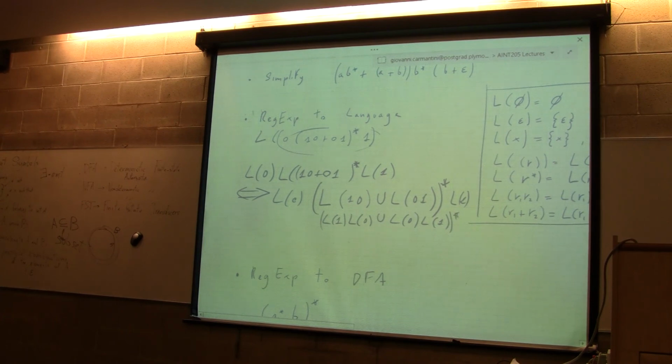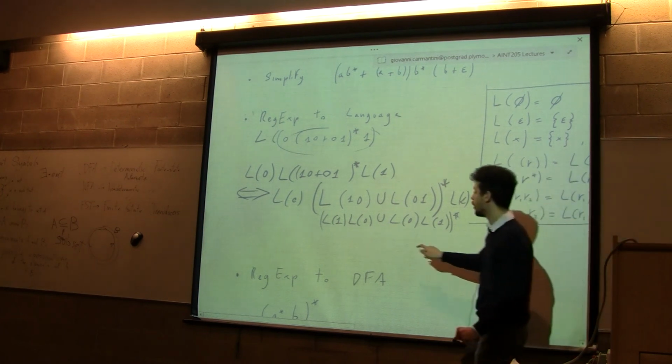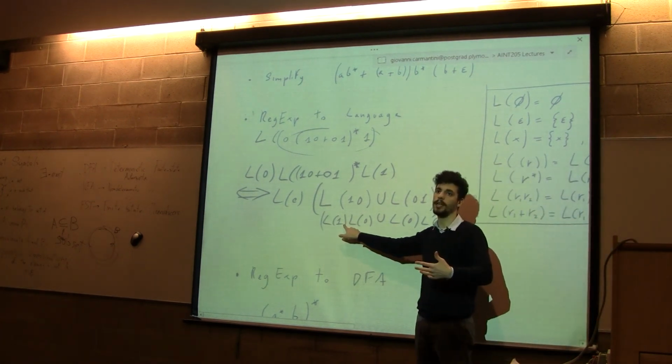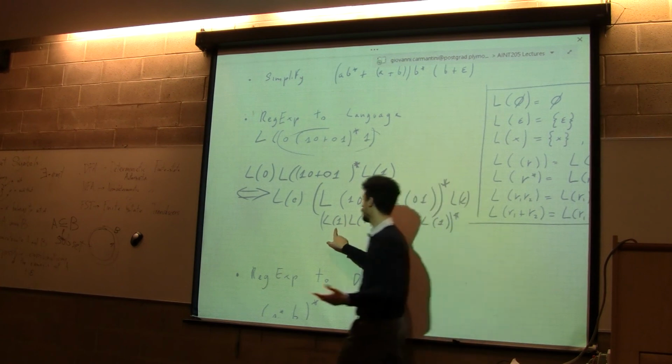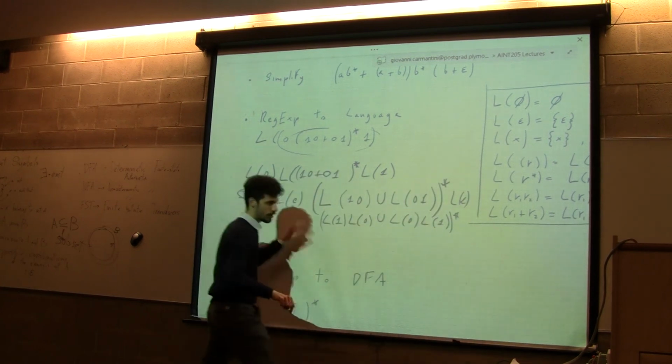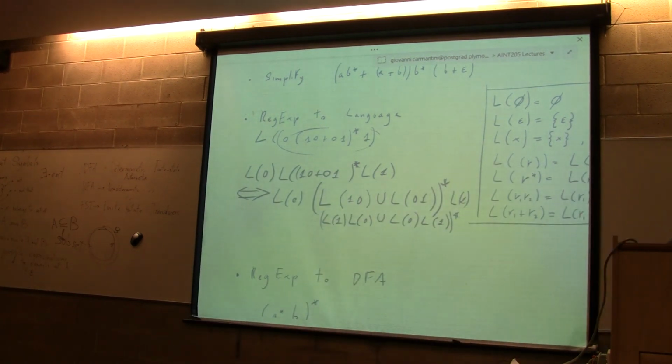And okay, here, as you see, we reached the elementary symbols, okay? So here our expression is now L of 0 concatenated to L of 1, L of 0, union L of 0, L of 1, Kleene star, L of 1. So we can go to the set now.